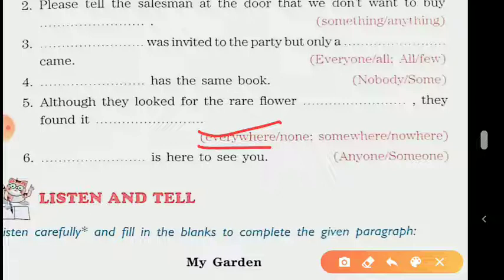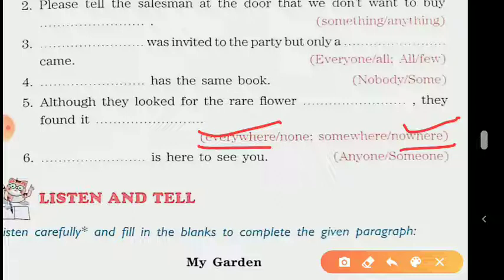Here, children, it will come nowhere. Although they looked for the rare flower everywhere, they found it nowhere. So in the second blank, nowhere.